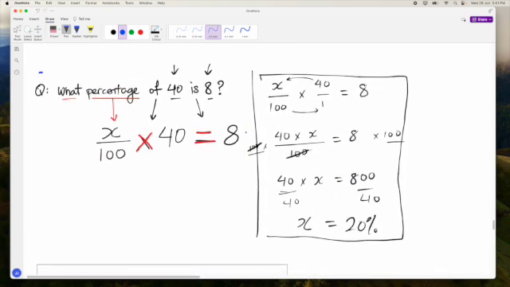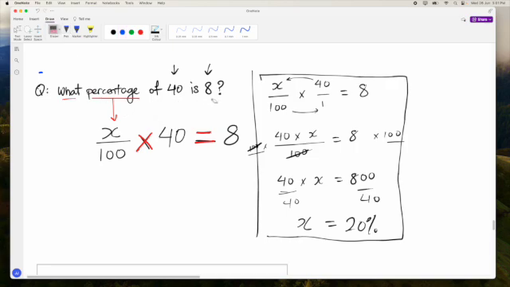Now this here is a question that often comes in your paper 1. And the question is, what percentage of 40 is 8? And you will see here that the problem with this question is the wording.